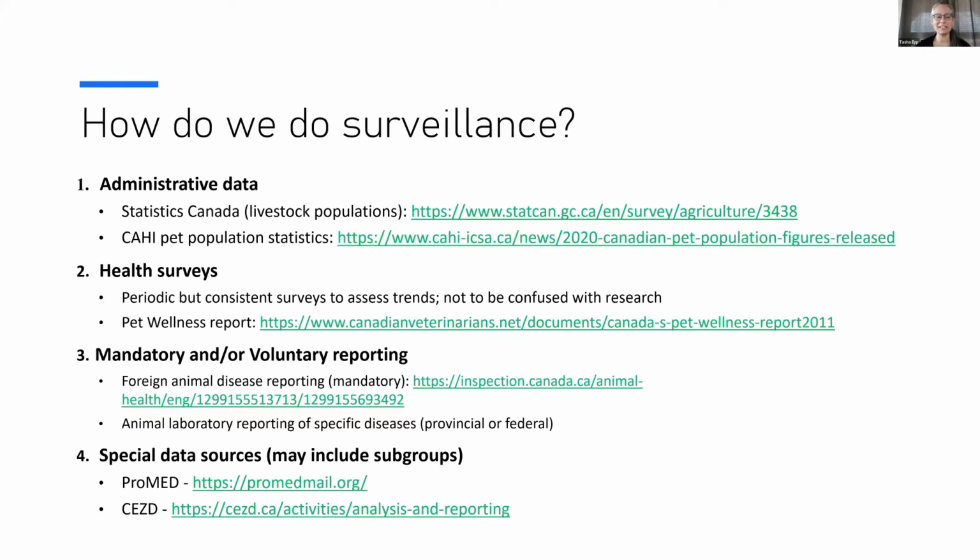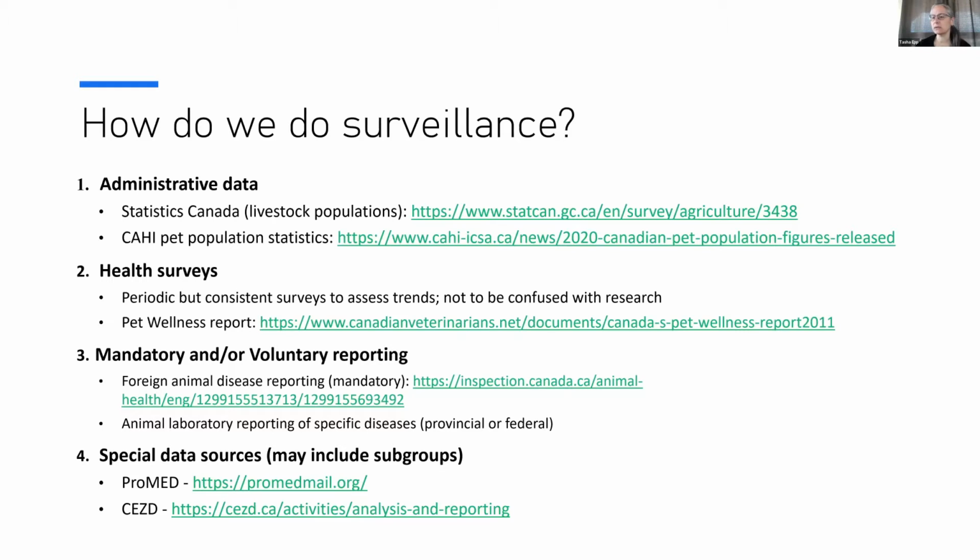Moving down the list, we have mandatory or voluntary reporting, which on the livestock side we should be fairly comfortable with, with our foreign animal disease reporting from a mandatory perspective. If there is a sense that an animal might have a foreign animal disease, veterinarians are required to report that to the CFIA.